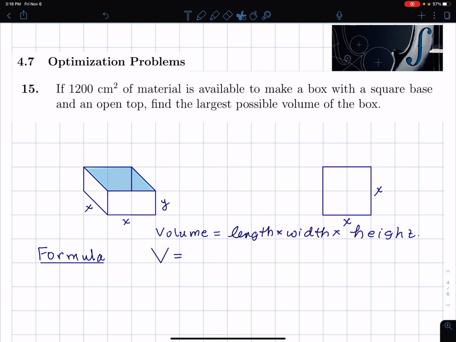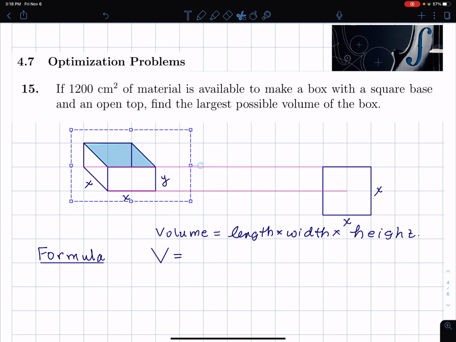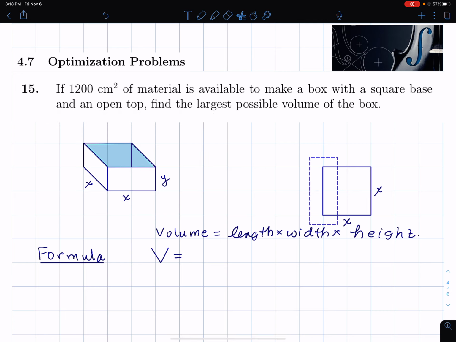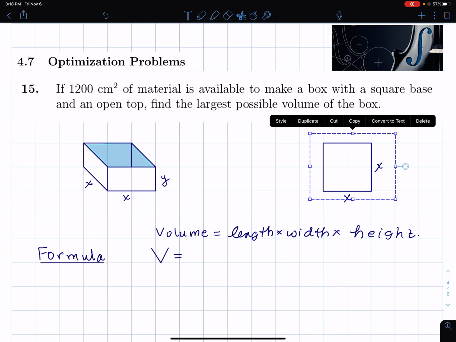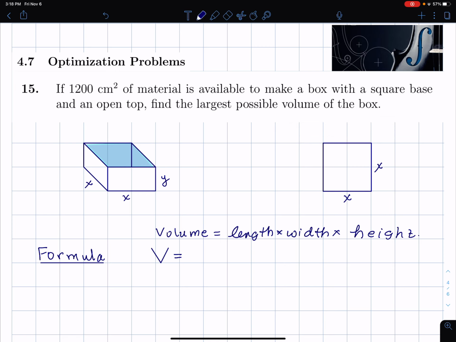A common pronunciation among math teachers, I've noticed, is that they say height. But I believe the correct word is height. Hey, that's neither here nor there, but still. Okay, so in this situation, it's going to be X times X times Y, or volume is X squared Y, for this particular box where the base is a square.